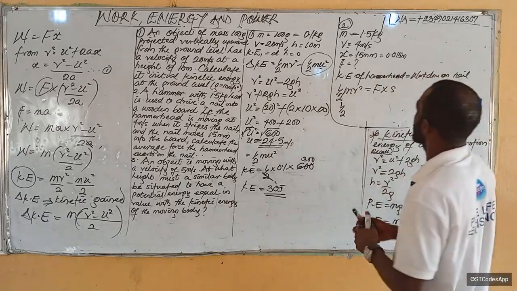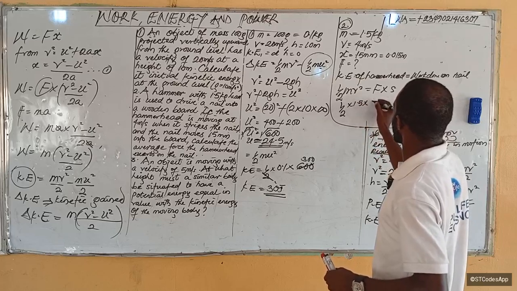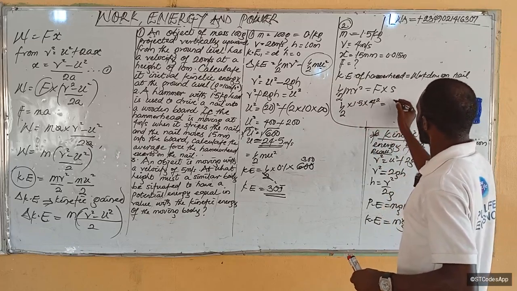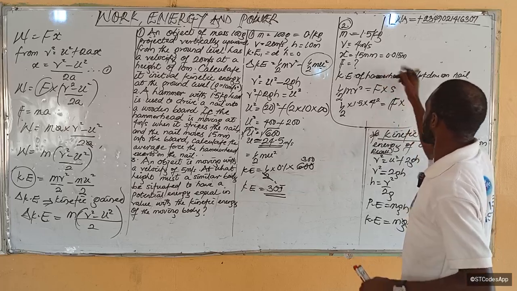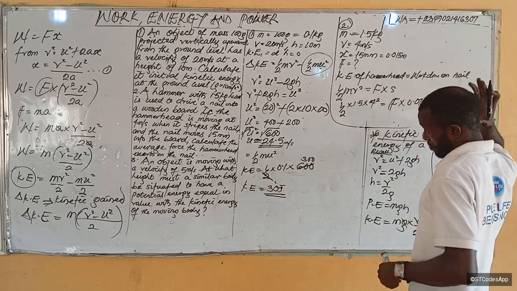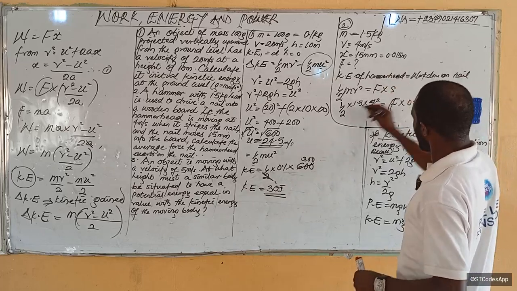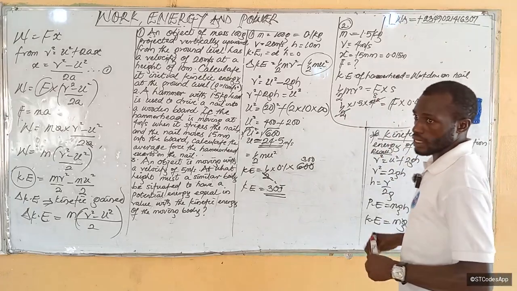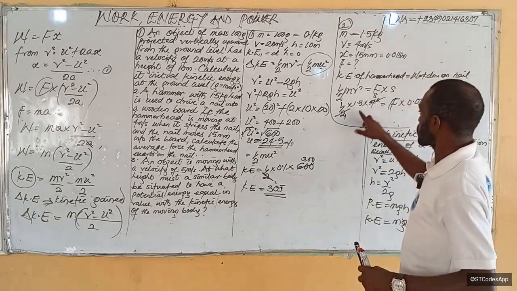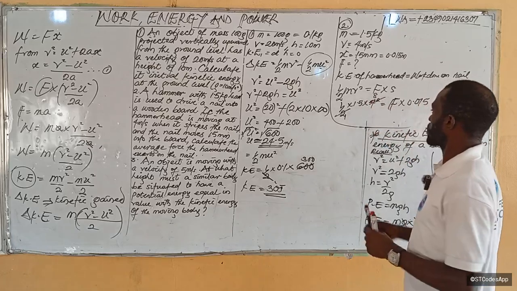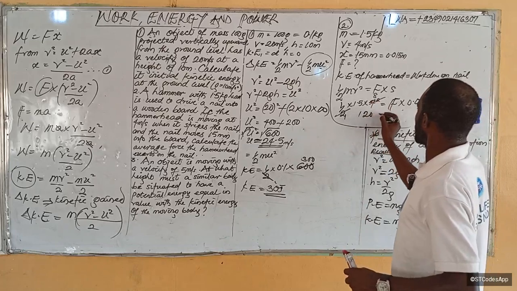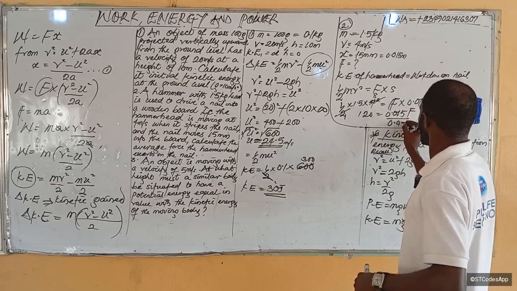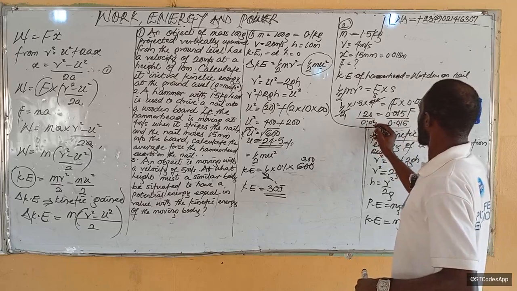So half mv squared, which is half times 1.5 times v squared, that's 4 squared, is equal to the force on the nail times the distance the nail moves, 0.015. Half of 4 squared is 8, and 15 times 8 is 120. So 120 equals 0.015 F. Divide both sides by 0.015.